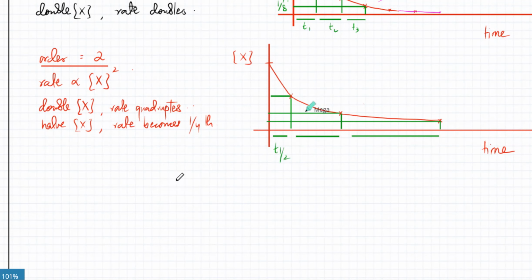So the first half-life, and this is your third half-life. So each successive half-life is twice the previous half-life. Or we can simply say that each successive half-life doubles.